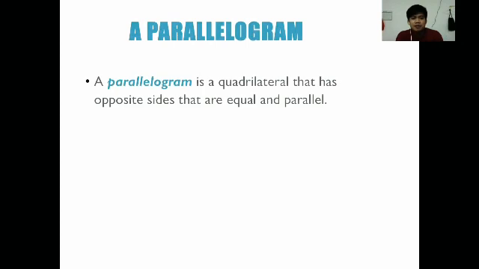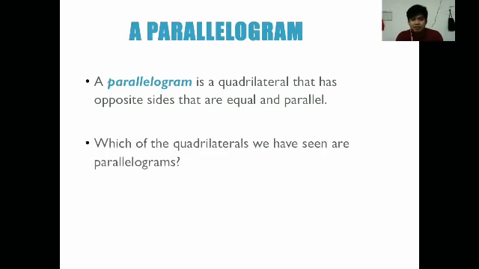Next, parallelogram. A parallelogram is a quadrilateral that has opposite sides that are equal and parallel. So if you see a quadrilateral whose opposite sides are equal and parallel, it's a parallelogram. Which of the quadrilaterals we have seen are parallelograms?